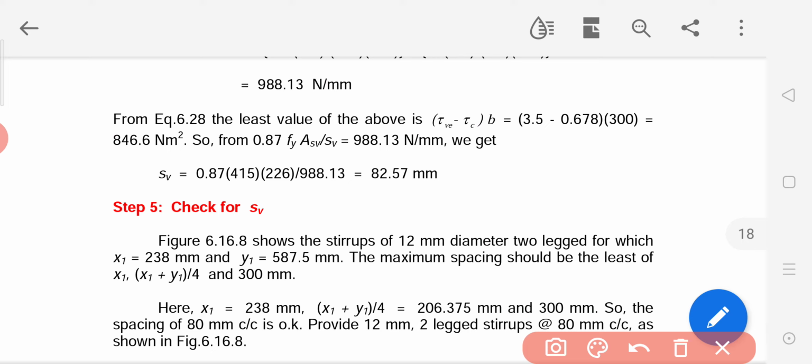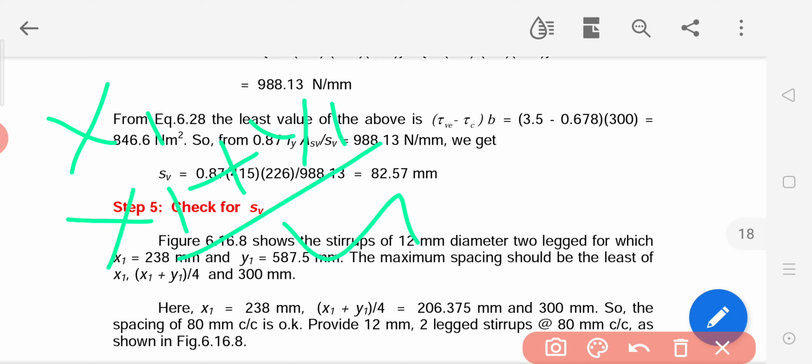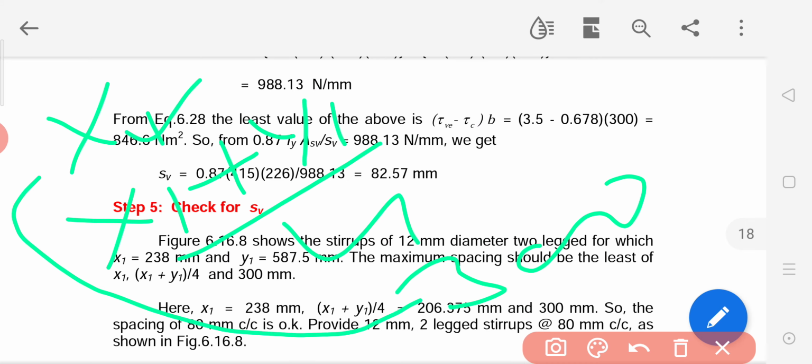Which value is maximum from x1, x1 plus y1 divided by 4, or 300? Of the three values, which value is maximum? We select this value.